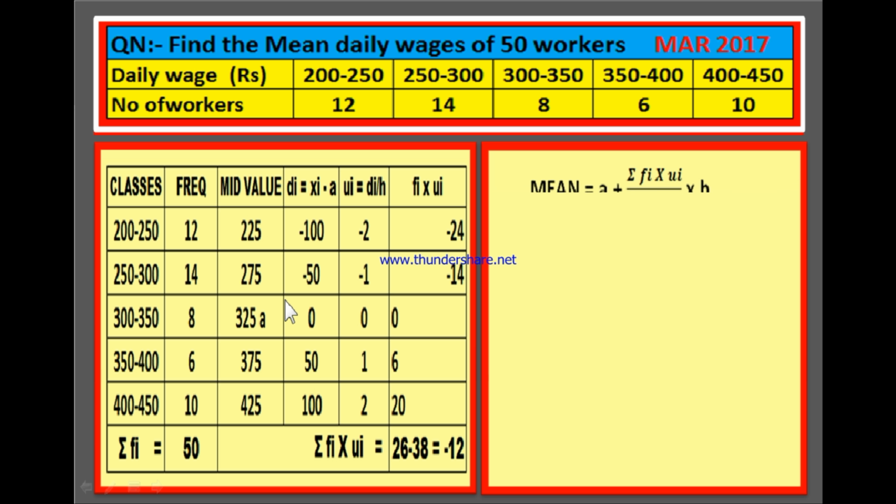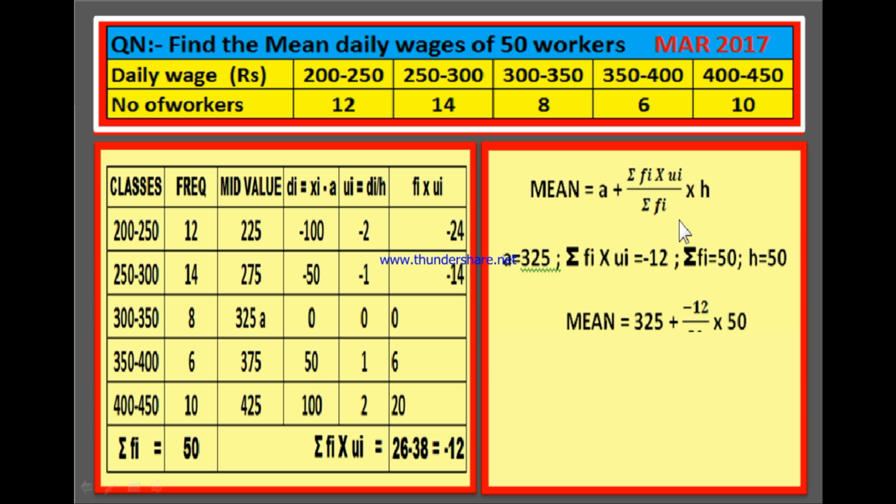In order to write the calculation part, first of all write the formula to find arithmetic mean. AM or mean is equal to A plus sigma fi ui by sigma fi into H. This formula is to be applied when you use the step deviation method.